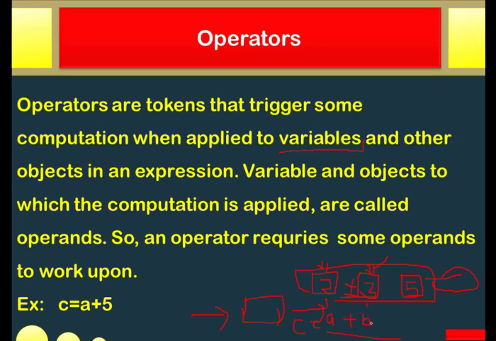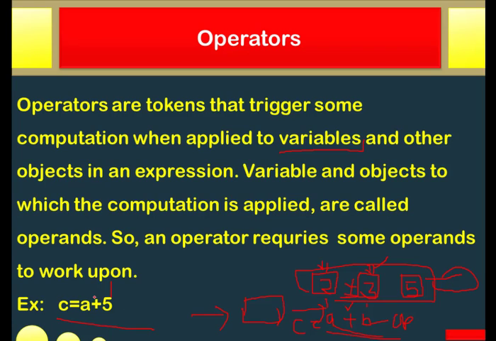So this we call operand. This a, b and c are operands, where the value is stored, and this plus sign that triggers or facilitates the computation is called an operator. So plus is the operator and a, b are operands. One more example: c is equal to a plus 5.